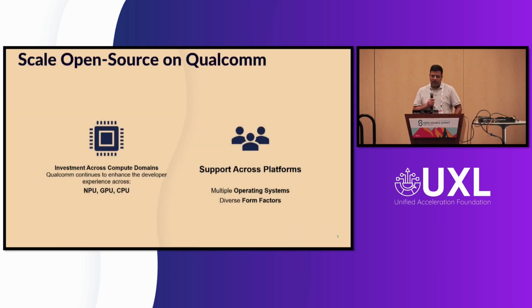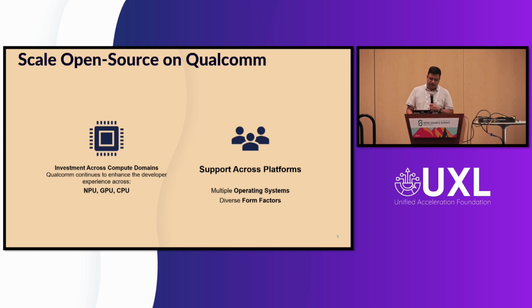So the goal is to scale open source at Qualcomm, right? That's what we are investing in across multiple domains, especially compute. We'll start today on the CPU side, with how you can bring your oneAPI use cases to Qualcomm CPUs, but the goal is to expand to GPUs and our NPUs. And this can be DSP, or tensor cores, as we call them.